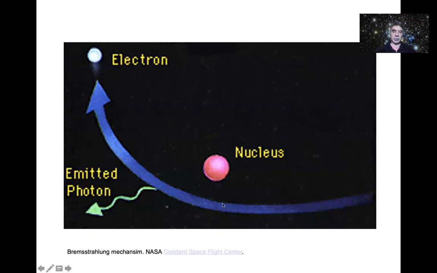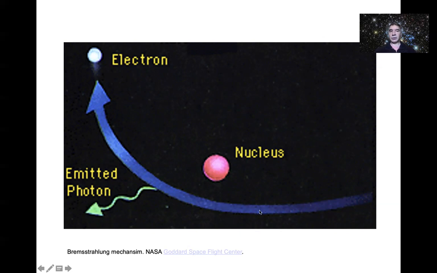And so obviously as it moves around here, the rate of acceleration is going to change, and therefore the wavelength of the light will change. Also, depending on how close the encounter is, this will all be different. And depending on the speed at which the encounter occurs is also different.